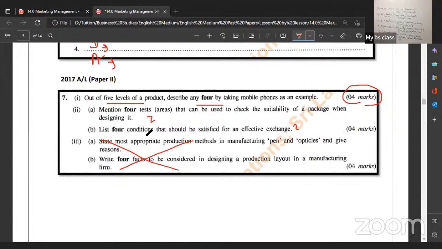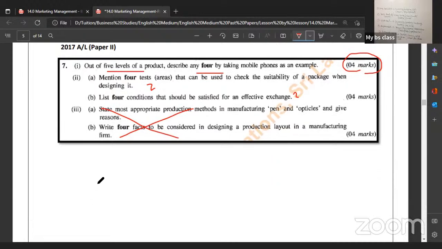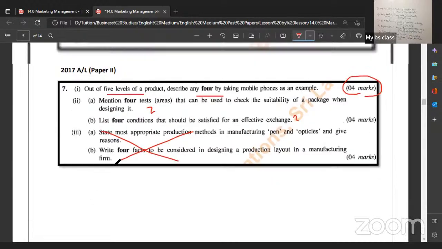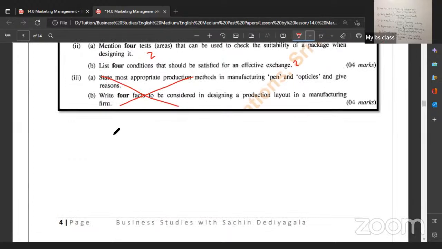Next one, list 4 conditions that should be satisfied for an effective exchange. We have discussed this somewhere before, I think in lesson number 1. What should be there for an effective exchange, the goods exchange or barter system, to be fulfilled? Definitely, can someone do an exchange just by themselves? No. So at least the minimum 2 parties need to be there.